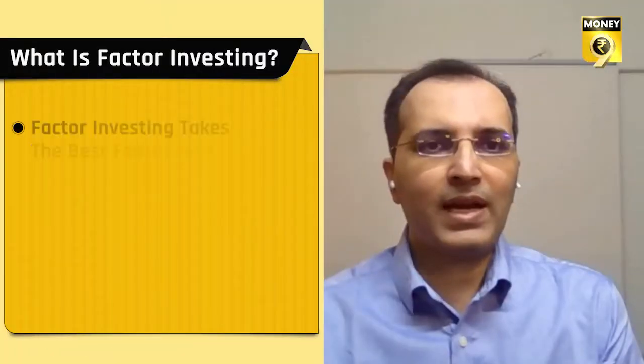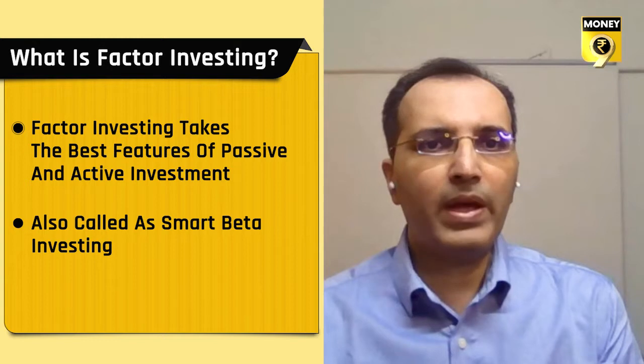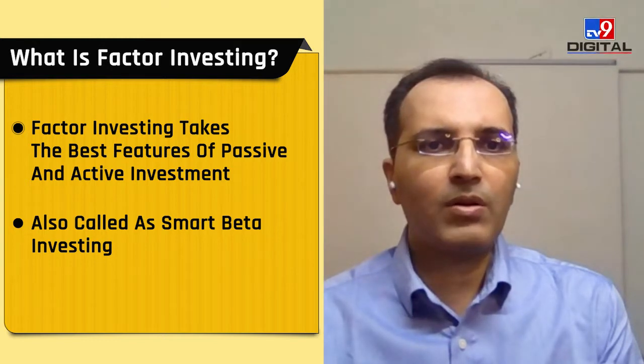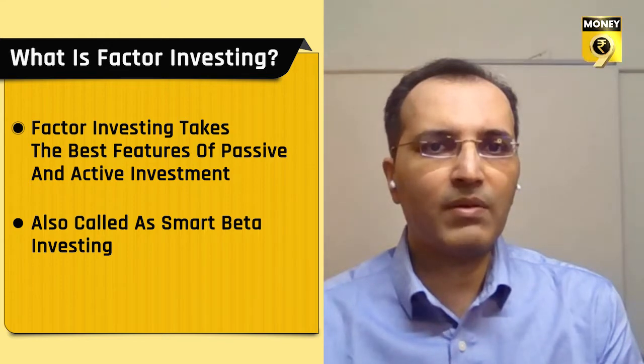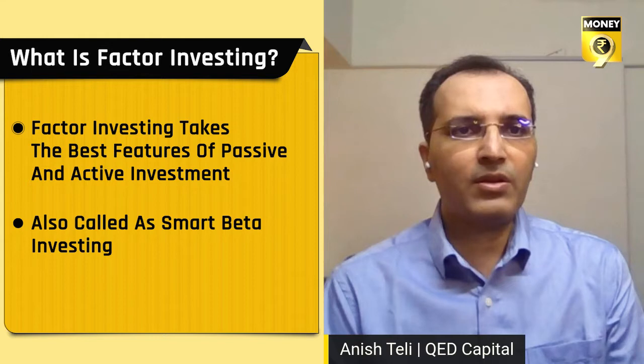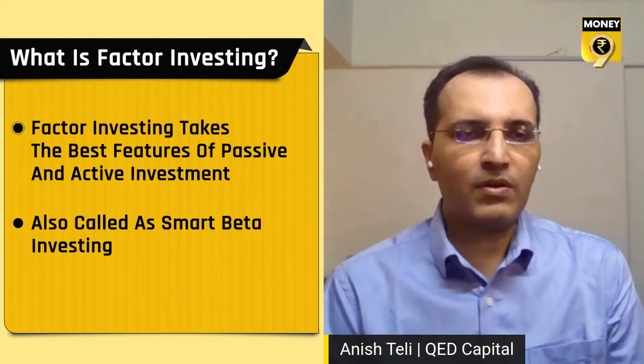So, traditionally, we have seen investment management divided into two parts. We understand it as active investing and passive investing. Now, there is a midway in the fray, which takes some features of active investing and some features of passive investing, and that is what we call factor investing.